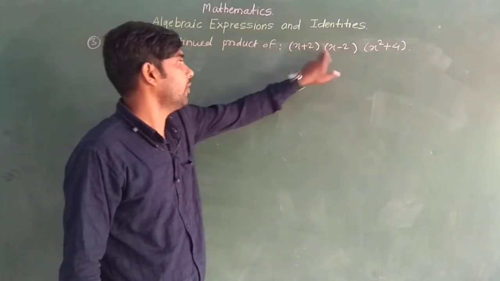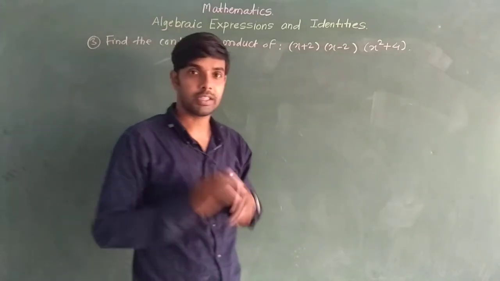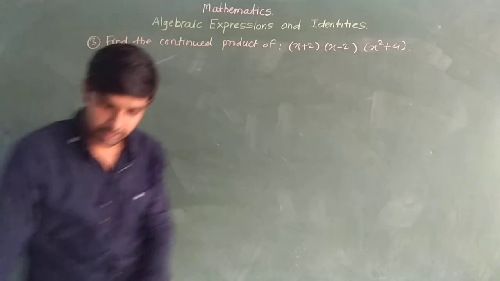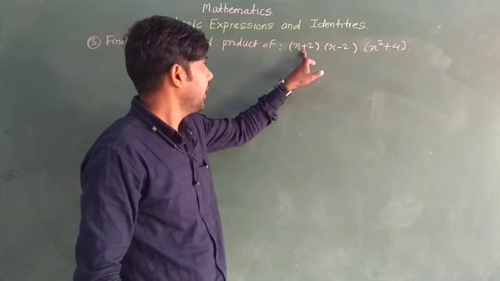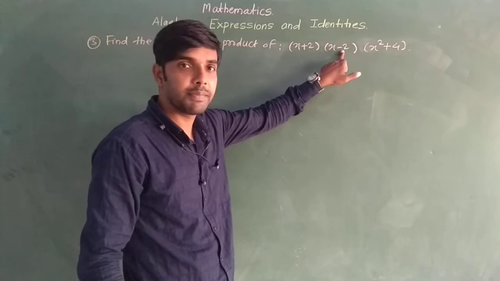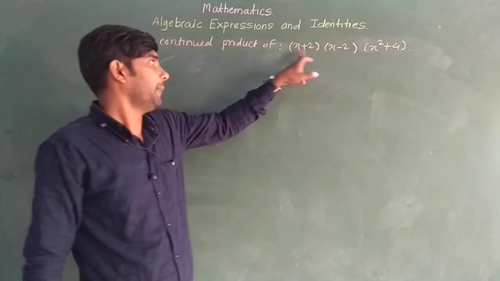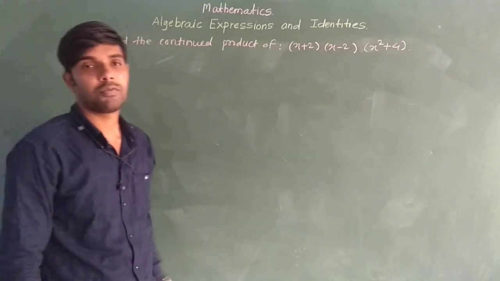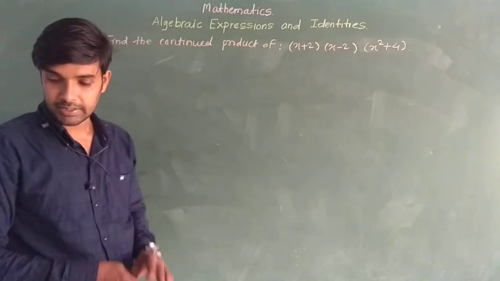So x plus 2, x minus 2. That is, we compare this question to the third identity, that is a plus b, a minus b. Here a is equal to x, b is equal to 2. So a plus b, a minus b gives a square minus b square.